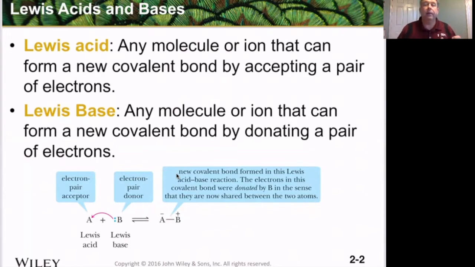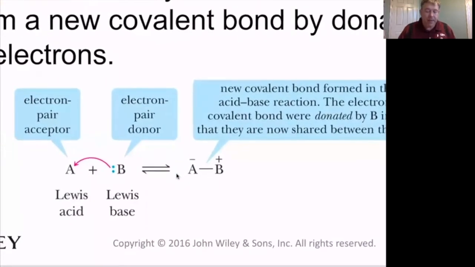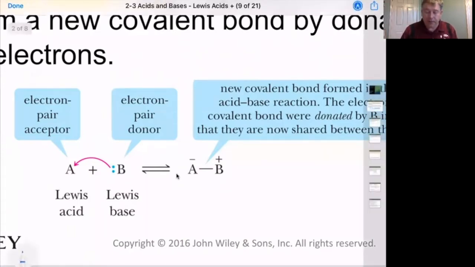In contrast, a Lewis base would be any molecule or ion that can form a new covalent bond by donating a pair of electrons. Let's look at that again in a little more detail. A Lewis acid wants to accept a pair of electrons to form that new bond, and a Lewis base donates the electrons.